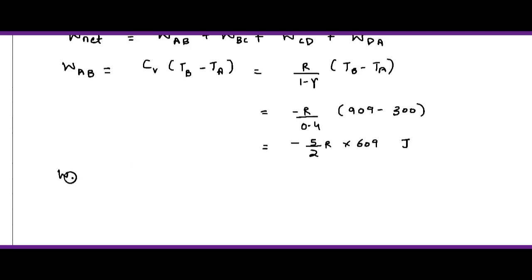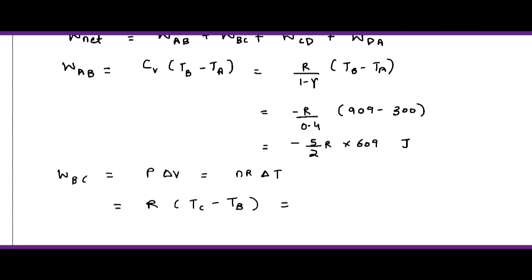Calculate now the work done from B to C. Since B to C is an isobaric process, the work done can be written as P delta V. Now this formula can be further modified as nR delta T. Since it's 1 mole, this is R delta T, that is Tc minus Tb.